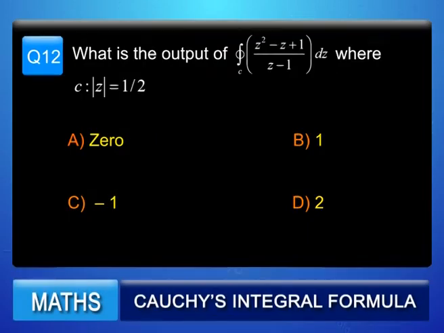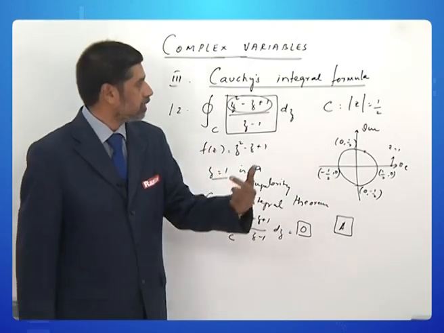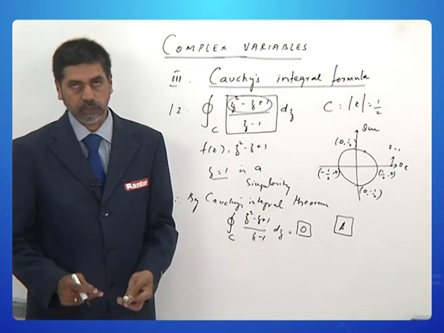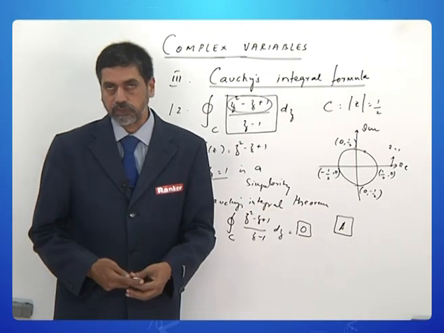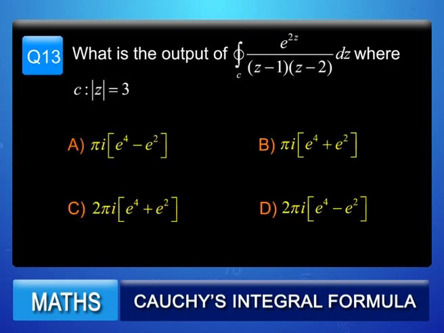The correct option, as you can see, is A. So in subsequent problems, whenever you find singularities within the contour, the Cauchy's integral formulas become applicable. So let's go to the next question. Question number 13. What is the output of the contour integral e power 2z by z minus 1 into z minus 2 dz, where C is mod z is equal to 3?